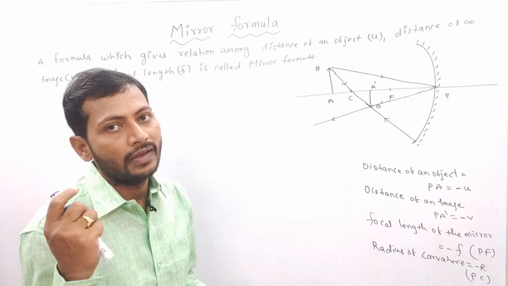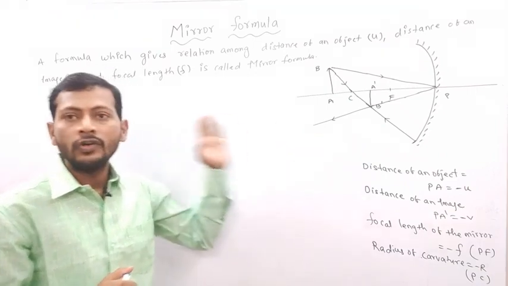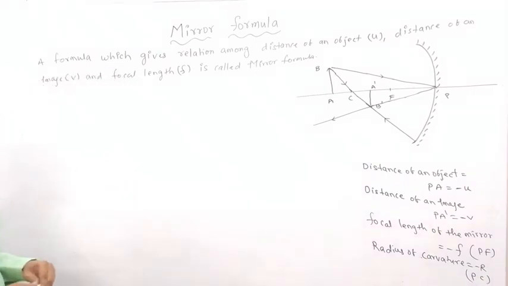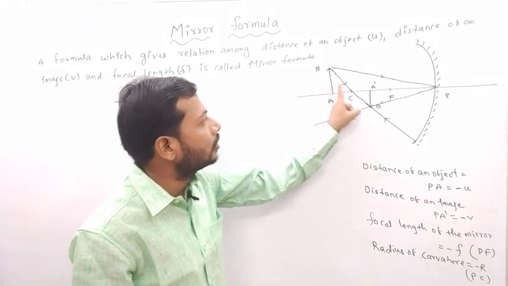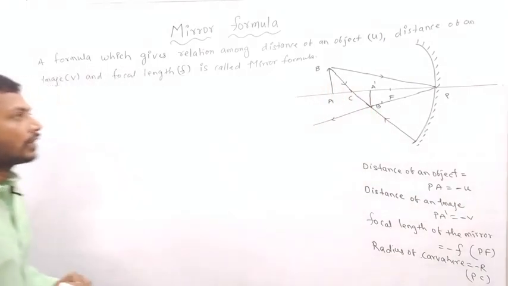We are going to derive it. So now I am going to start. Which triangles am I going to take to give the relation between object and image?